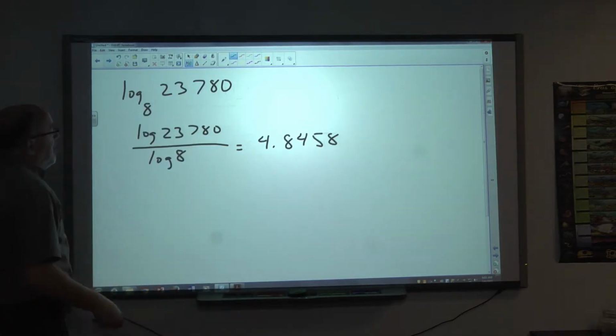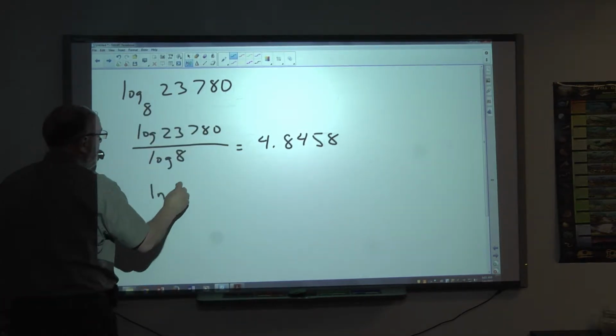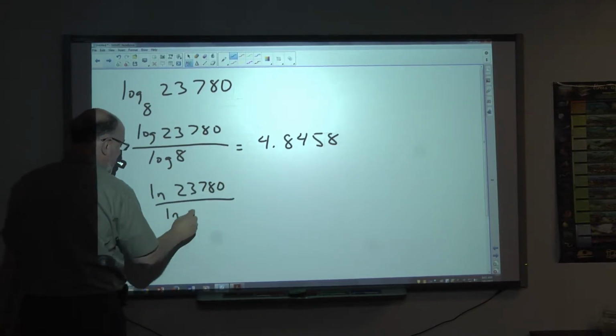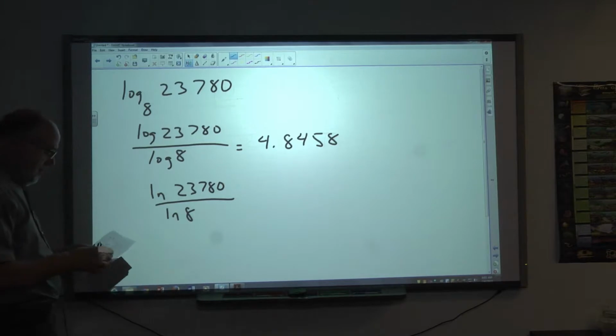I would also get the same answer if I did it by using natural logs. So either way, I'll get the same value for that answer. Whether you do log or natural log, you'll still get to the same number.